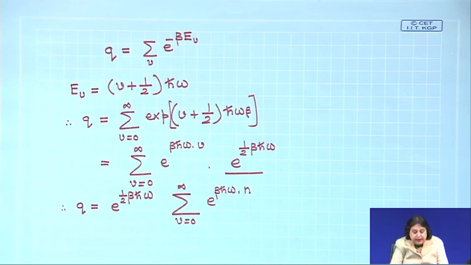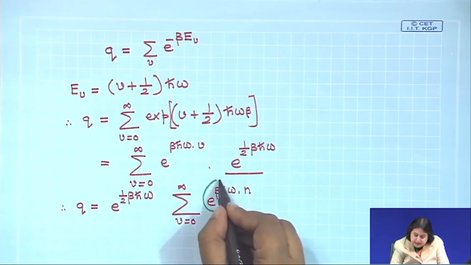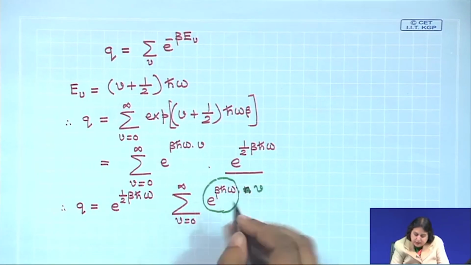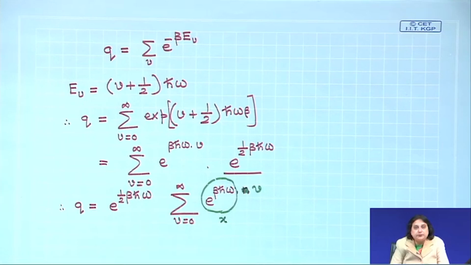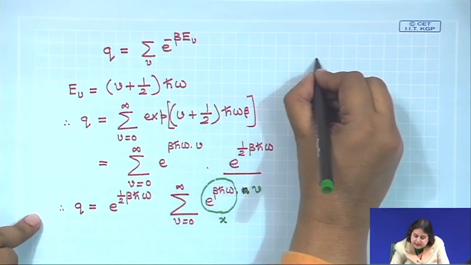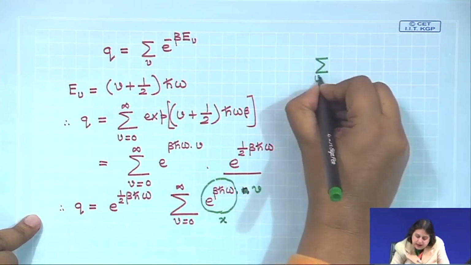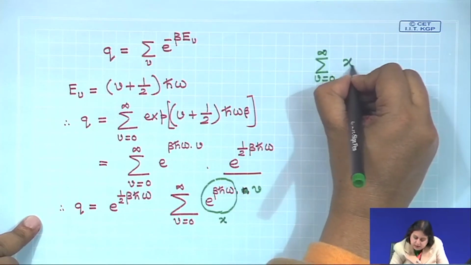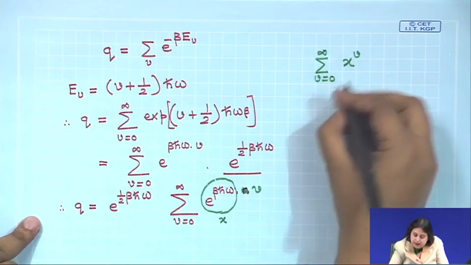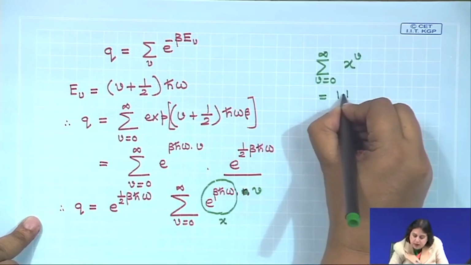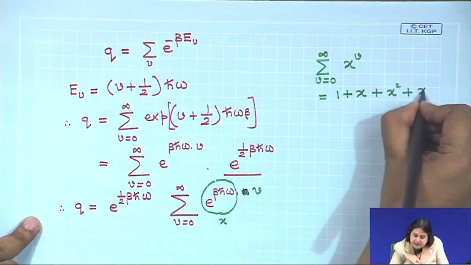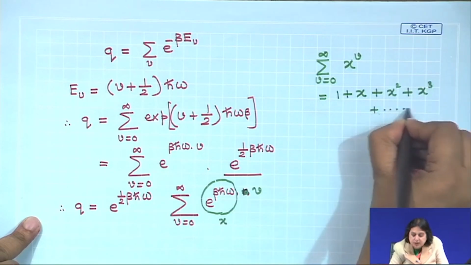So, in order to do that, what I will do is I am going to represent this, sorry, not n, this is v, this number as x. Okay. So, what does this summation look like then? I have summation v equal to 0 to infinity x to the power of v, and this I can write down as 1 plus x plus x square plus x cube and so on and so forth.